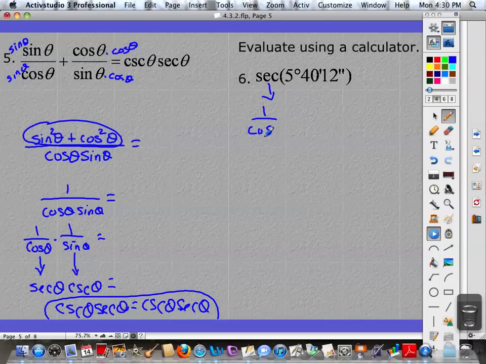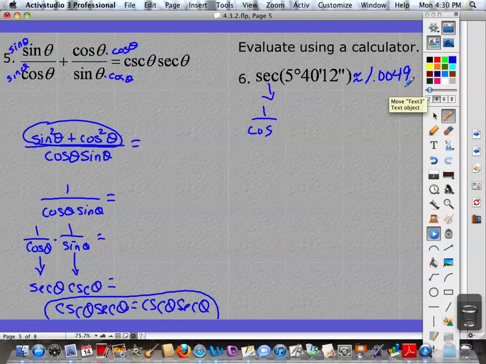So remember, the reciprocal key is the one that looks like x with a -1 exponent. So if I hit that, I'm now going to take the reciprocal of my previous answer, and I'm going to round to 4 decimal places. I get 1.0049. Okay?